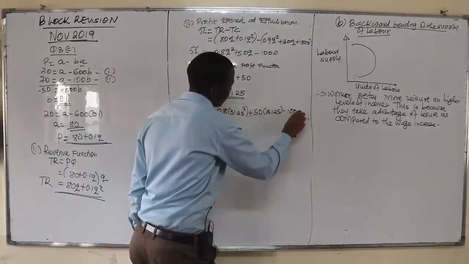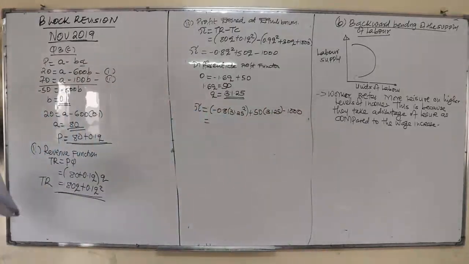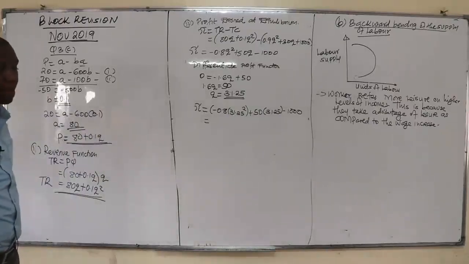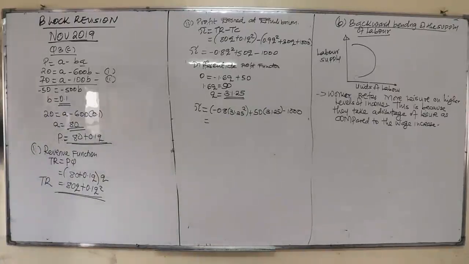Then minus 1000. So how much will it give you? You're getting how much? Or are you just copying?